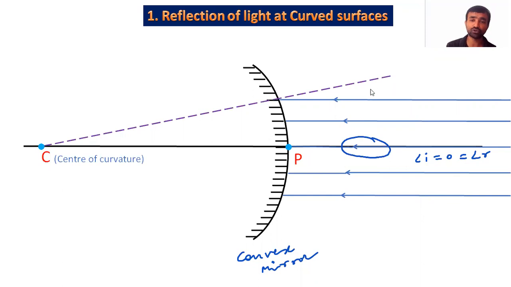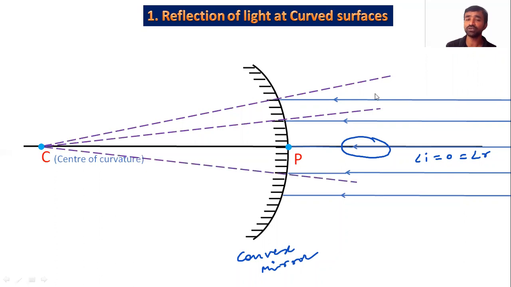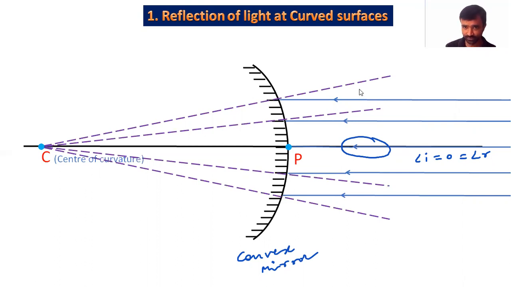So here I am drawing the normals to the point of incidence, right? So what is the normal? What is the normal actually for a curved surface? Anybody raise your hand to say the answer? Don't unmute, raise your hand and say the answer clearly. No one?